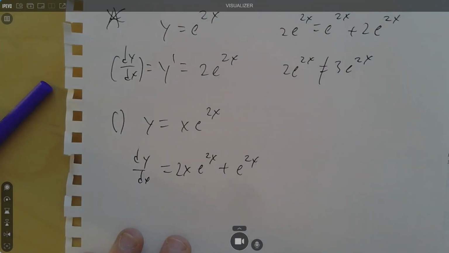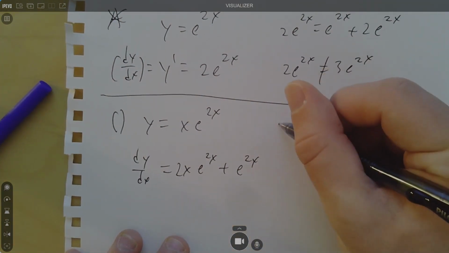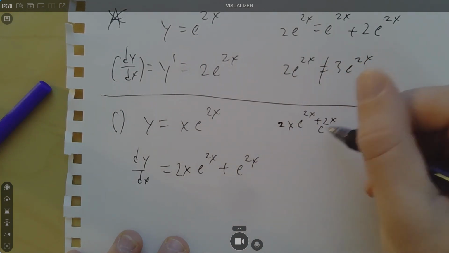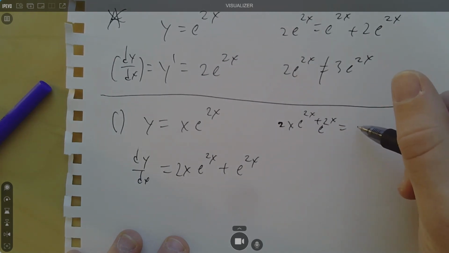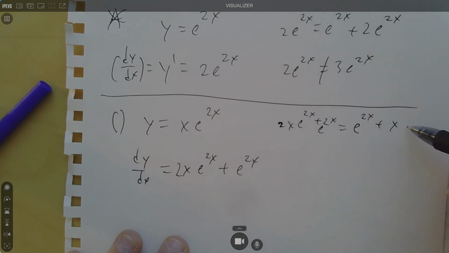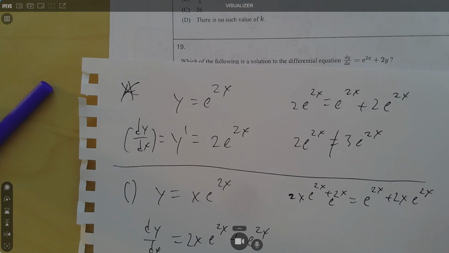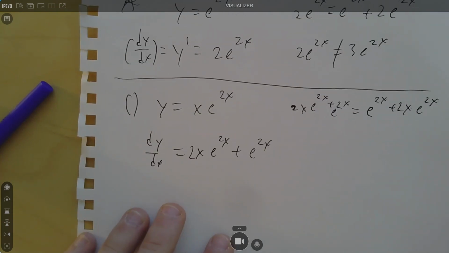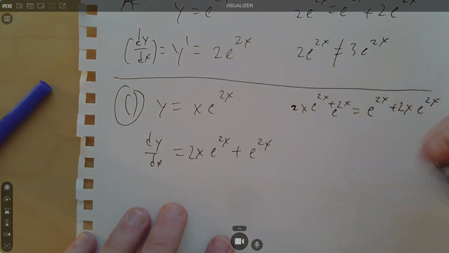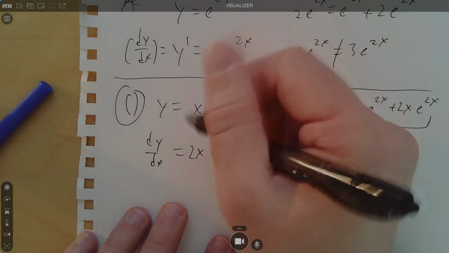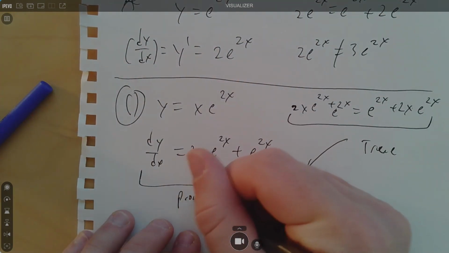Alright, so when I plug this one in, I'll get 2x e to the 2x plus e to the 2x equals e to the 2x plus, sorry, 2x e to the 2x. Hey, this is right. This is true. So it is C. Because this is true. Okay, this is product rule right here, by the way. So it's clear.